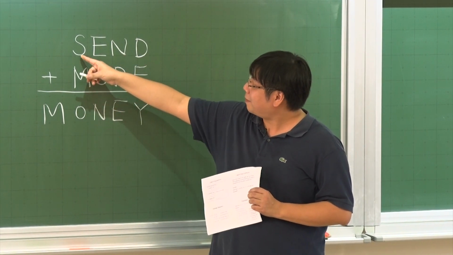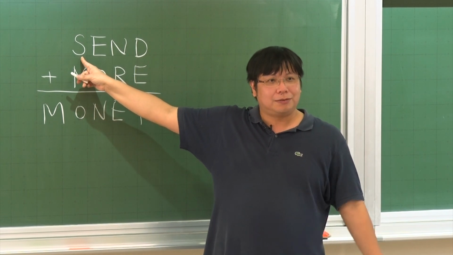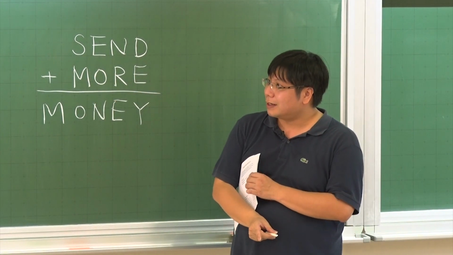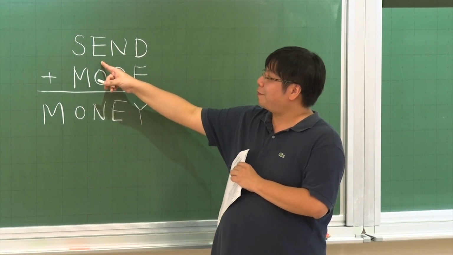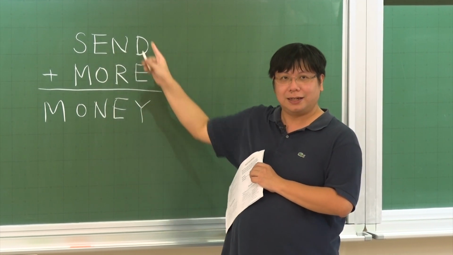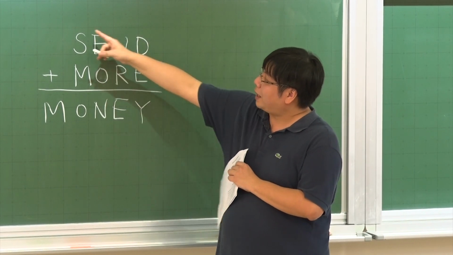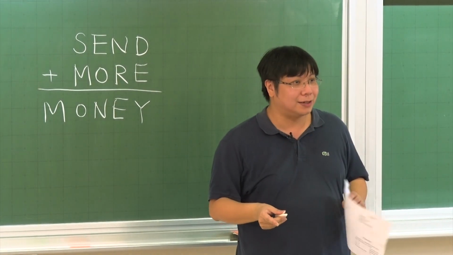Different English characters represent different digits, okay? So S should be different from E, and then we want to find a way such that this becomes correct, okay?